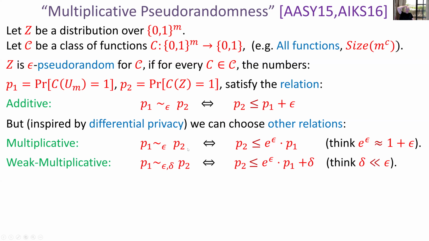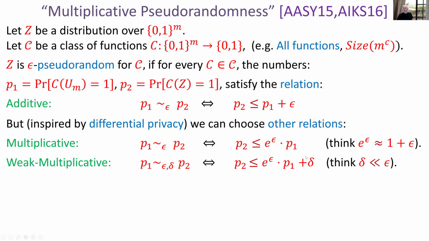Another relationship considered in differential privacy has two parameters, a multiplicative parameter, epsilon, and an additive parameter, delta, which we typically think of as much smaller than epsilon. Here it's the same multiplicative relation, P2 less than e^epsilon times P1, but we also allow this very small additive parameter.